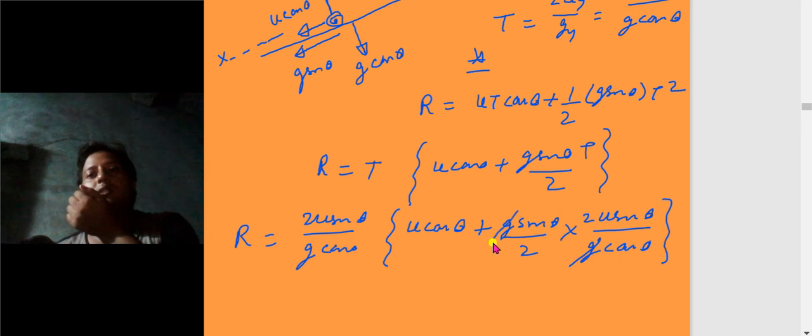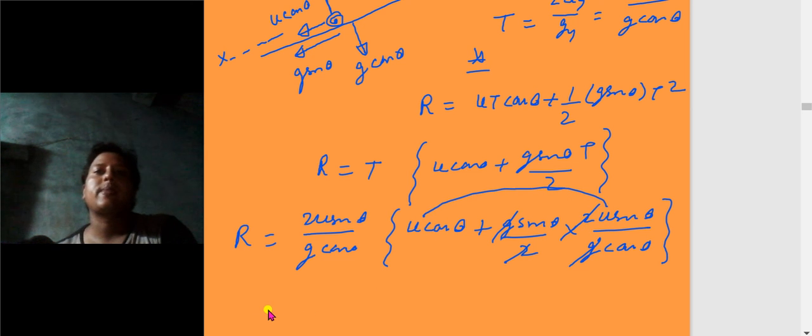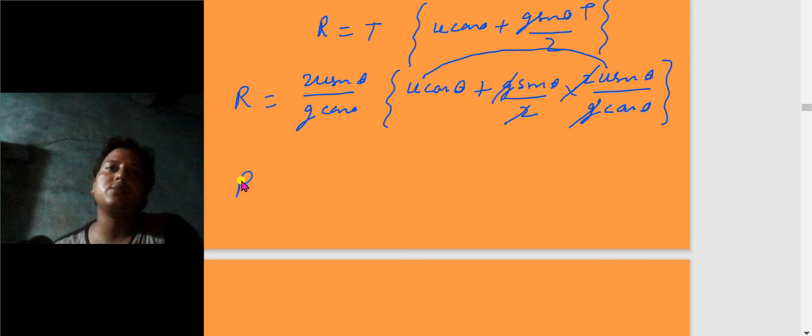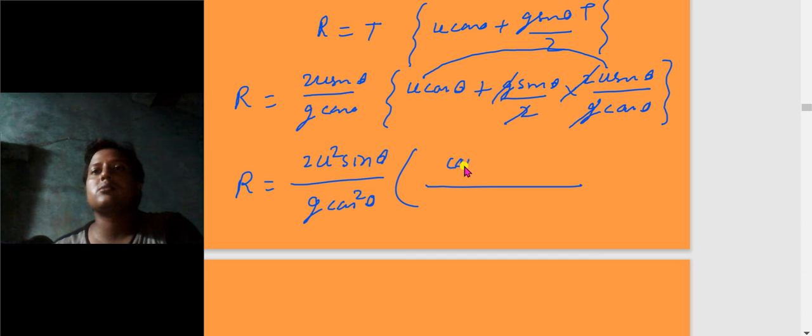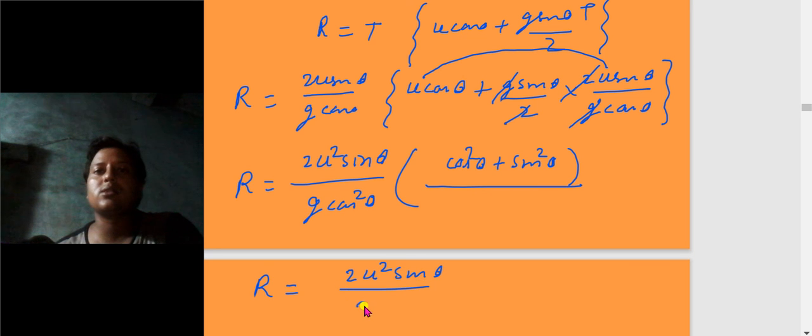So here g gets cancelled, 2 gets cancelled, u is common. So range comes out to be 2u square sin theta over g cos square theta, from cos square theta plus sin square theta. So this is our required answer.